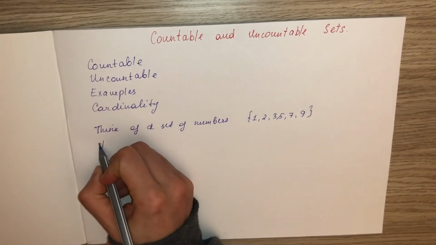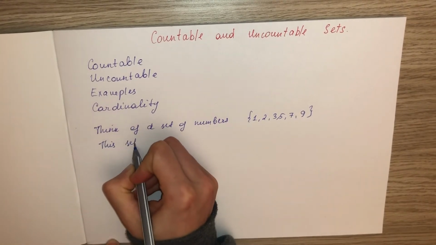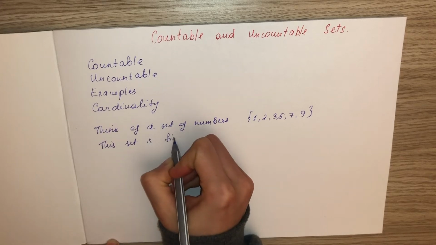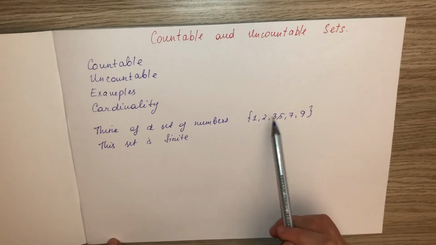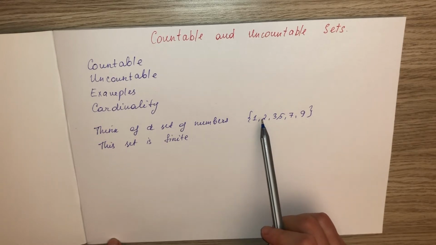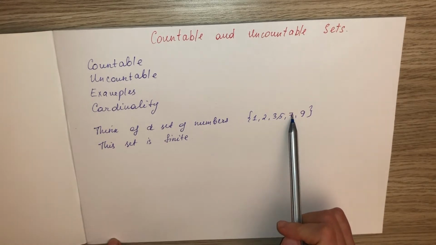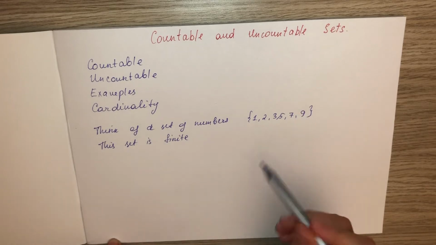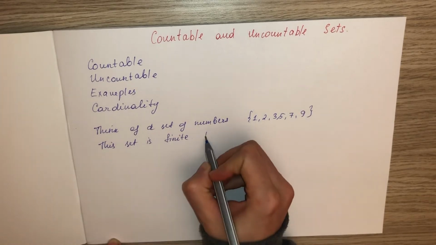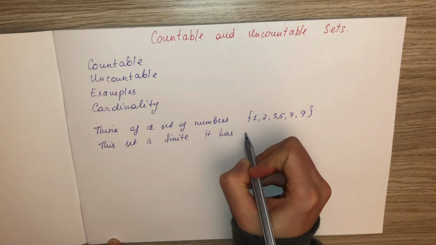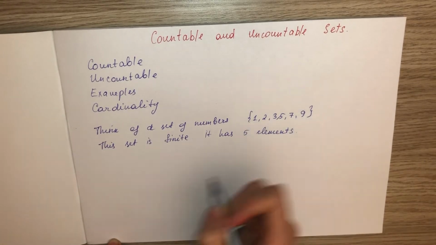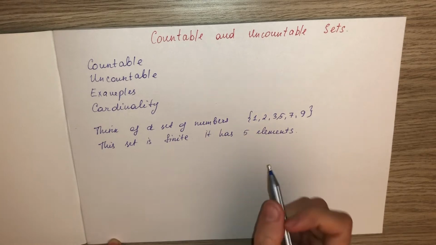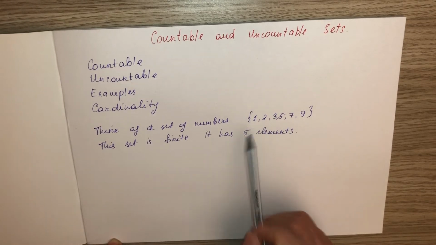This set is finite. As you can see, we can count the elements: 1, 2, 3, 4, 5, and 6. And the cardinality of the set is 6.